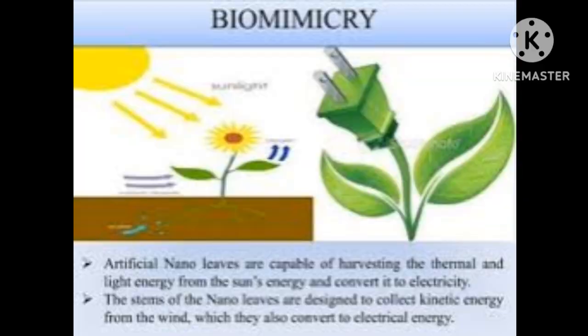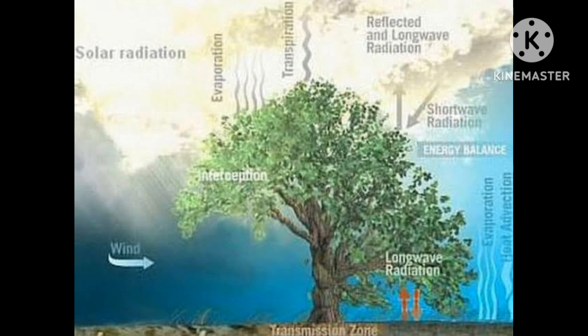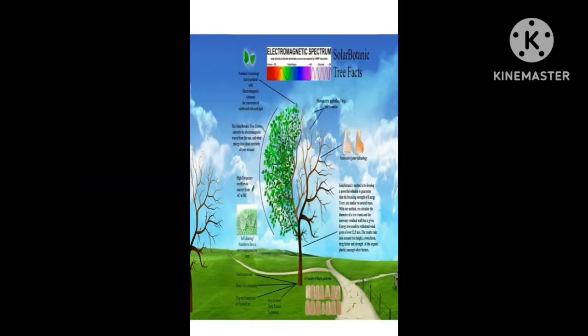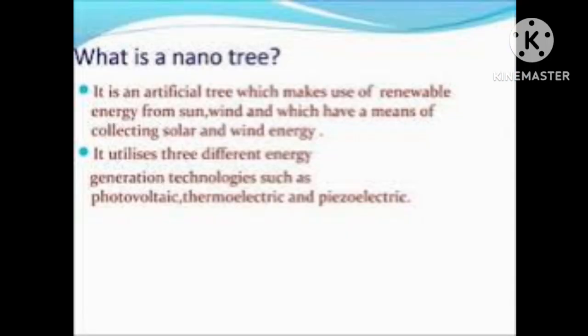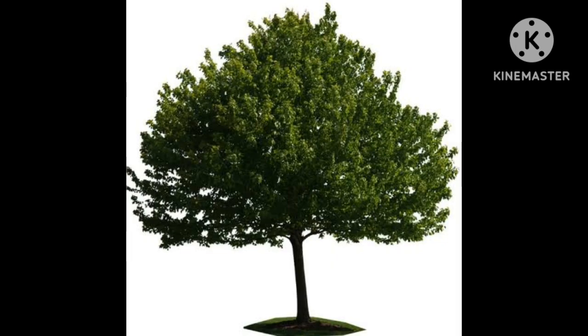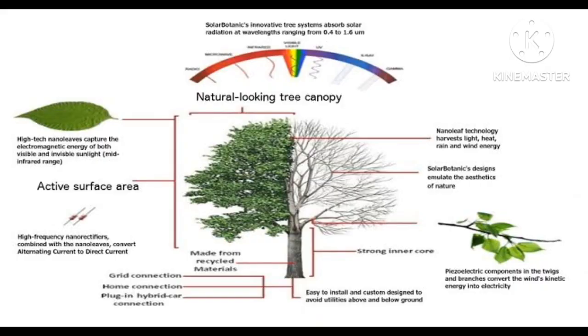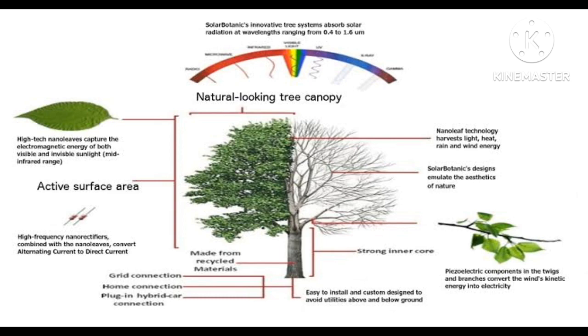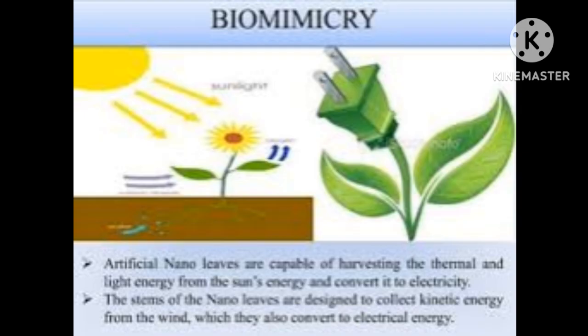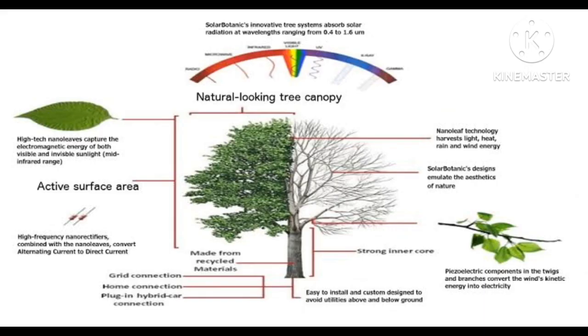This allows the nano leaves to harvest solar radiation and wind energy and convert it into electrical energy. The trunk is made of eco-friendly polymers. The nano leaf is thin and looks like a natural leaf, and it can convert the three energy sources, heat, light and wind energy, into electrical energy.